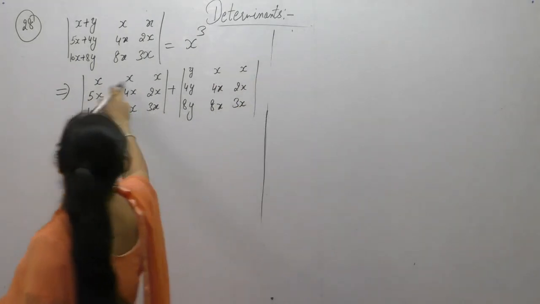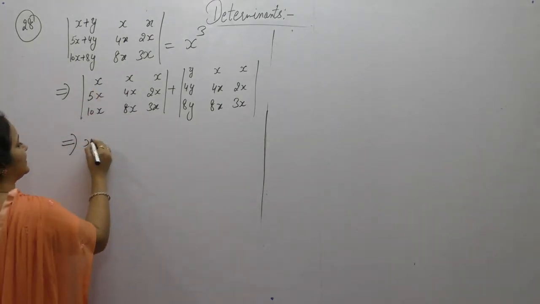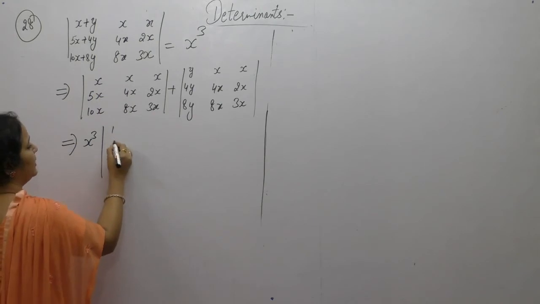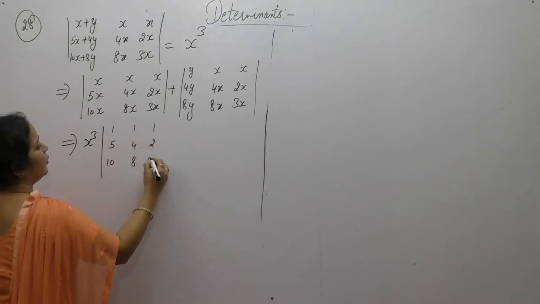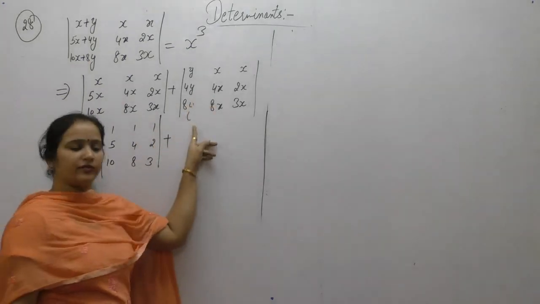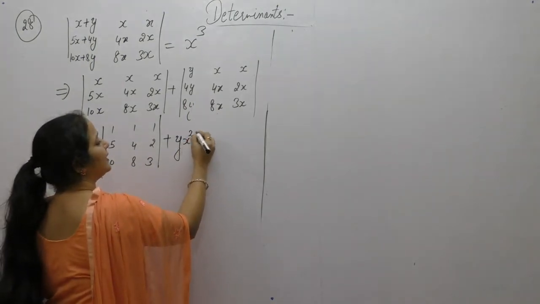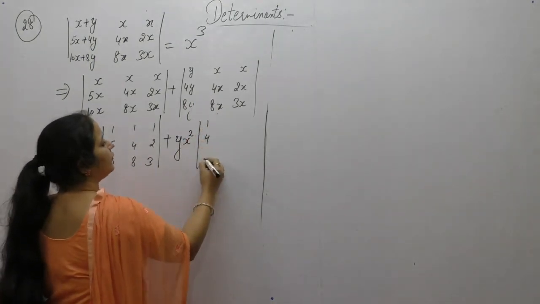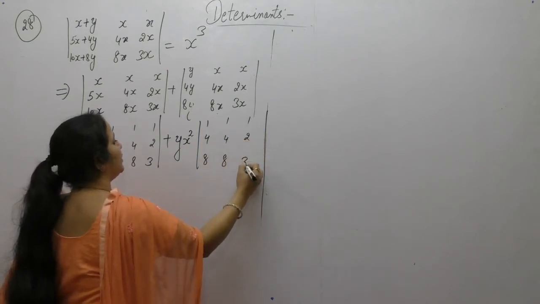Now take x common from 3 rows, R1, R2 and R3, so it becomes x cube, 1, 5, 10, 1, 4, 8, 1, 2, 3. Take y common from the first column, x common from second column and third column. So 1, 4, 8, 1, 4, 8, 1, 2, 3.